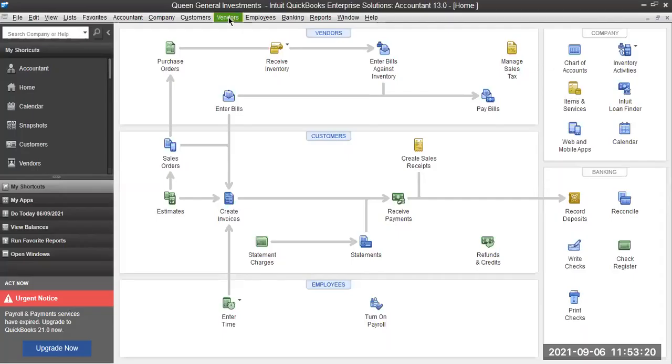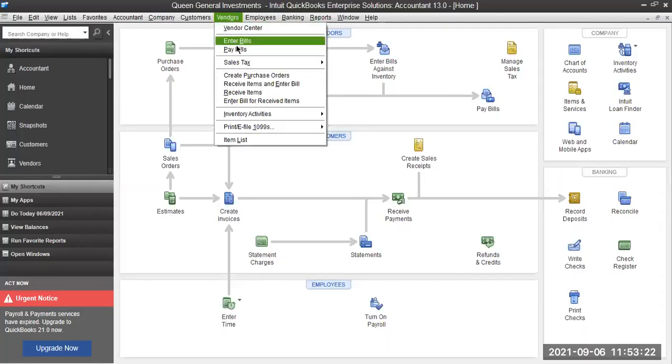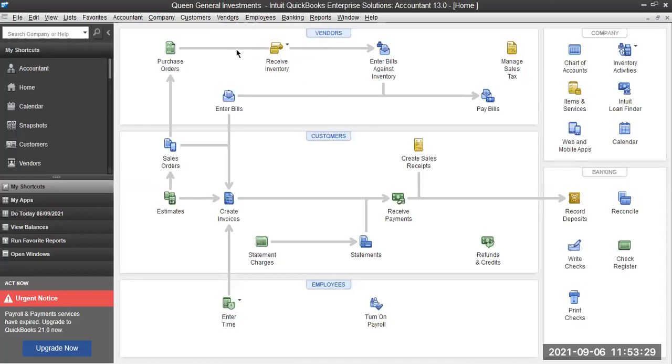Click on vendors. Go to pay bills, because you are going to pay the money that they are demanding. Pay bills.